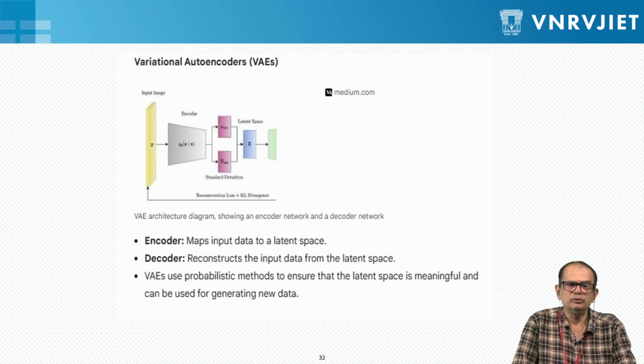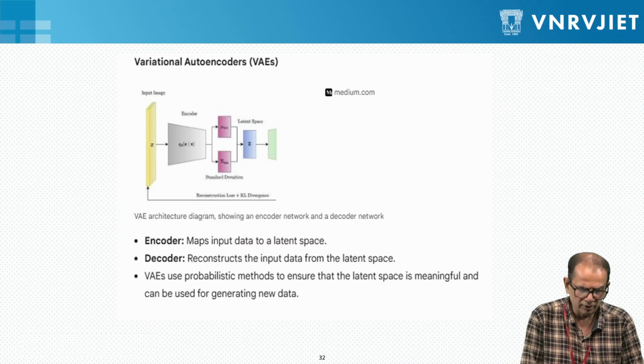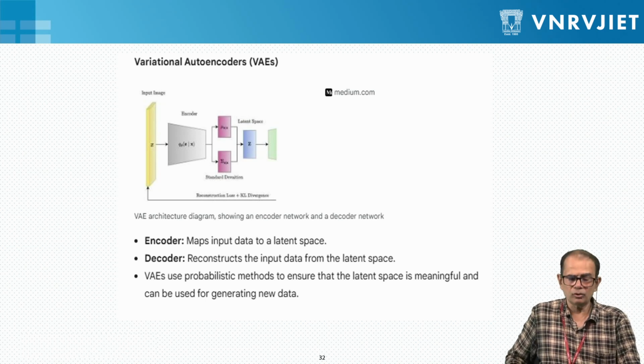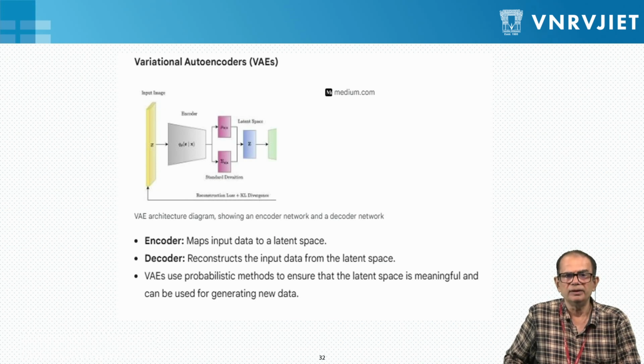Now we are also going to talk about the VAEs, the variational autoencoders. The components are basically the encoder and the decoder. In the encoder, we map the input data to a latent space, and in the decoder, we reconstruct the input data from the latent space.